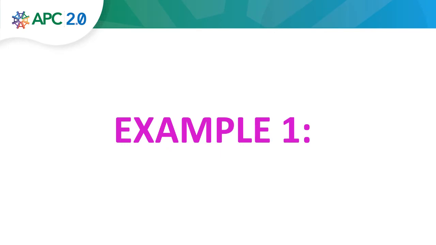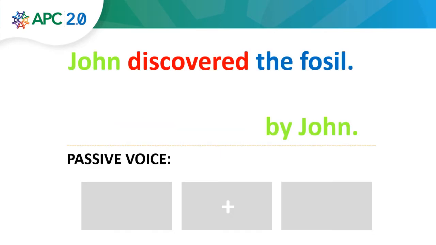This is our first example. John discovered the fossil. This sentence is in the active voice. Remember that in the passive voice, the person who does the action is not important.